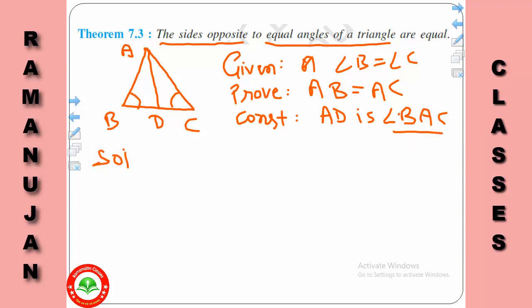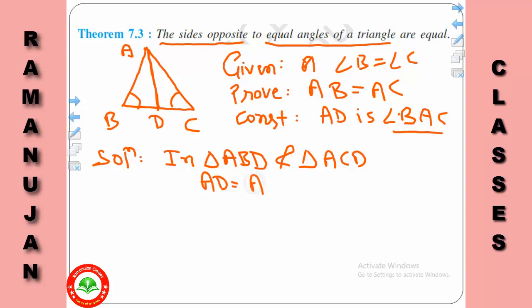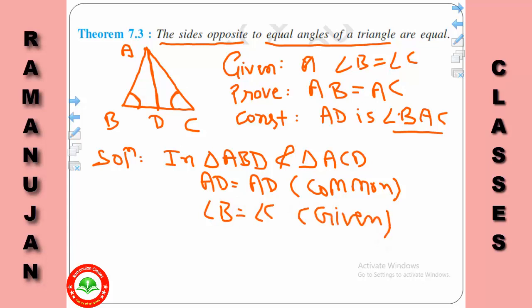Solution. So AD divides the triangle in two parts. So we have two triangles, ABD and ACD. Here AD is a common side in both triangles, and we have one pair of equal angles, angle B and angle C. Angle B and angle C are equal, it is given, and for the other pair we made a construction that AD is the bisector.